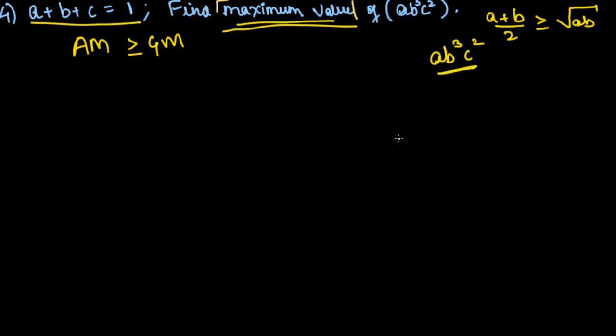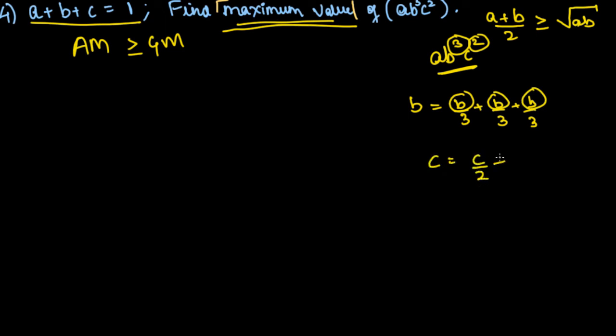Okay, I've made some space for this problem. So I want to get the indices as 3 and 2. So I can legally split b as b by 3 plus b by 3 plus b by 3. The reason I'll do it is because when I multiply these three terms together, I'll get a b cube factor. Similarly, I can split c as c by 2 plus c by 2, and a just remains a.